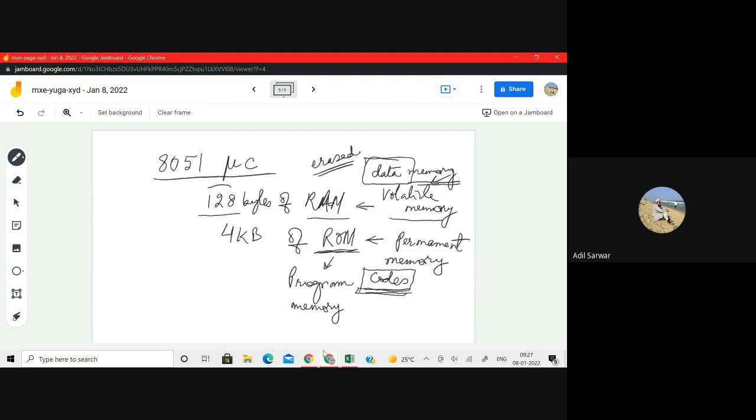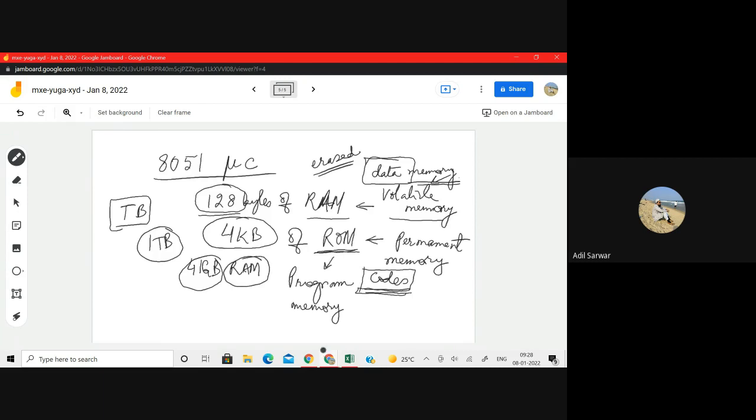So I was just talking about these two numbers, 128 bytes and 4 kilobytes. Now we are talking about data of the order of, say, terabytes, isn't it? Most of our systems have 1 terabyte of memory space, and even 6 GB, 8 GB of RAM is there in our laptops.